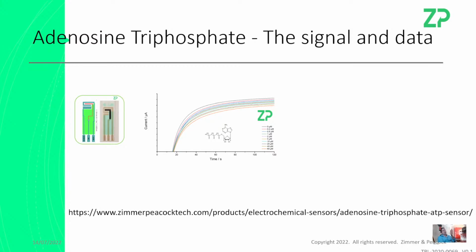What's the world's best screen printed electrode? It's the ZP hypervalue electrode. Why is it the world's best screen printed electrode? Because it's made in really high volumes, and we use it ourselves. So we actually use our own products to then make other products to put on top of it. Whenever somebody is looking for what's called a screen printed electrode, make sure they look for the hypervalue carbon electrodes. It's really reproducible, which means that the guys can then produce really reproducible data.